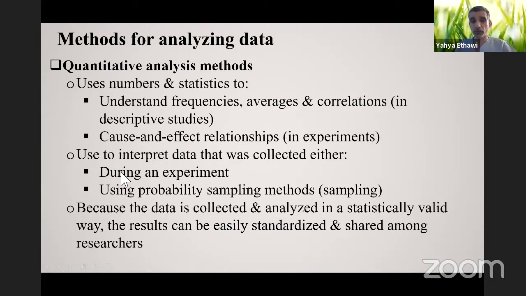And you can interpret the data during an experiment by exposing some to the factor and none to others. And you can do probability sampling, and then you can form a hypothesis and test the hypothesis. And because it's quantitative, you can generalize it. And you can share it with other people, with other organizations, because you can generalize it, because you're testing it.